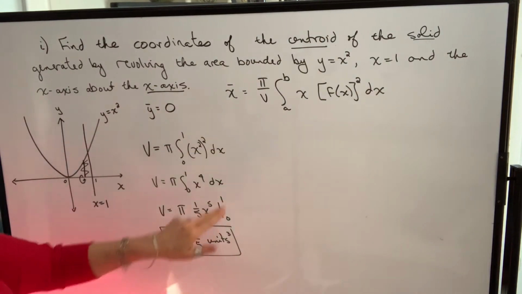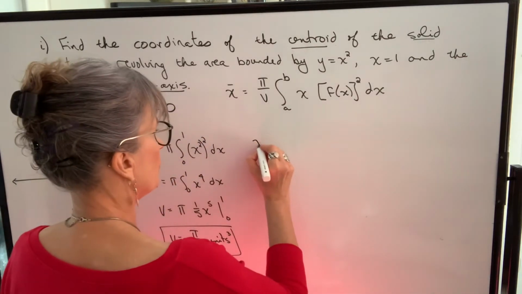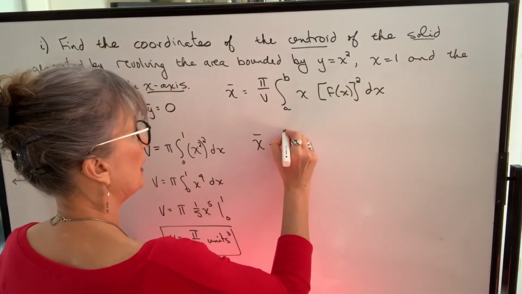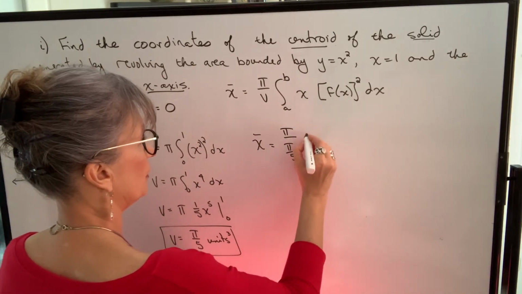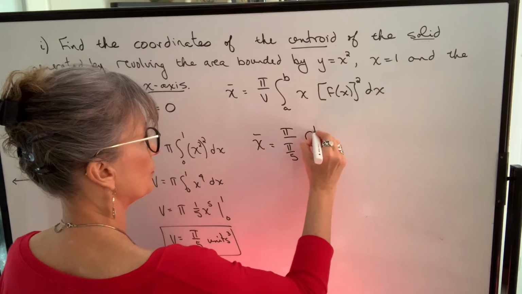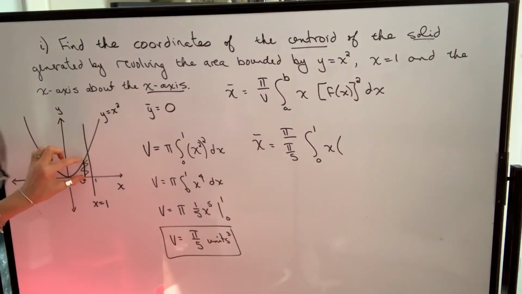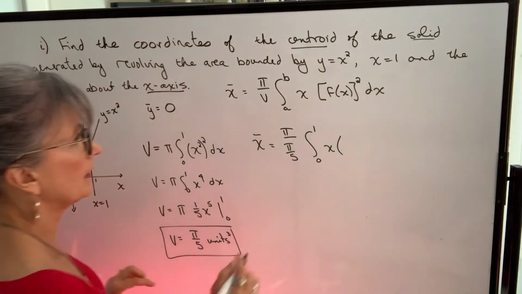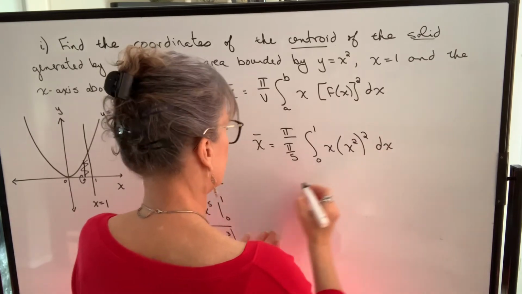Once I have the volume, I can find the x-coordinate of the centroid of this volume. So the x-coordinate will be pi divided by pi over 5 cubic units times the integral from 0 to 1 of x times f of x, which is x squared squared dx.